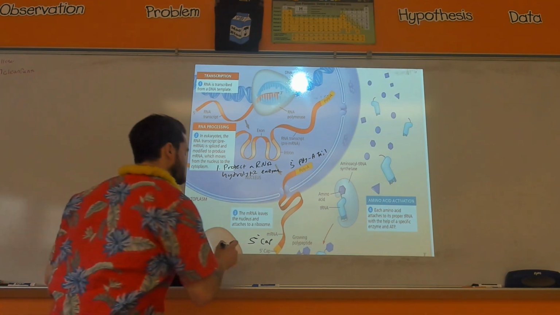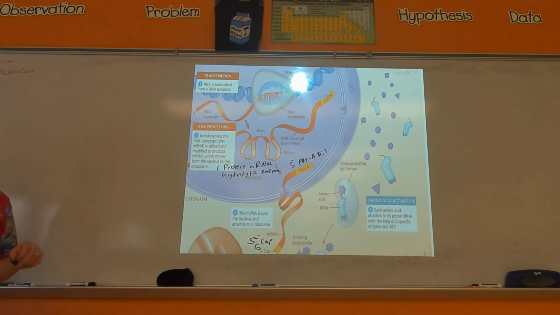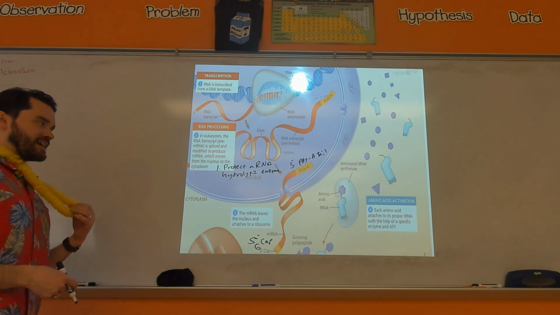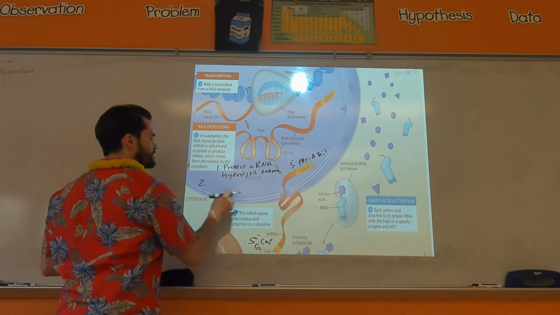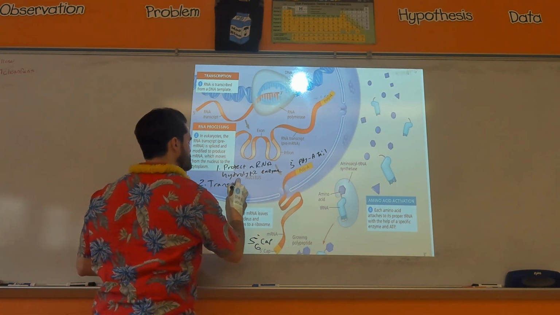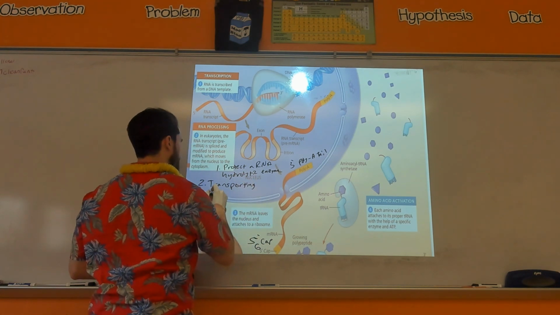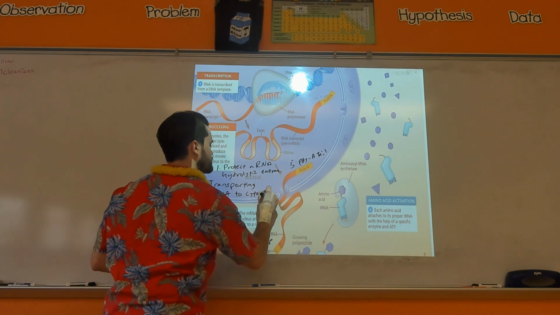With the cap, it is a guanine cap, so think of 5G. The cap has a guanine nucleotide. So the first function is protecting the mRNA from hydrolytic enzymes. And the second function, which is what you actually see here, is the cap and the tail help us in transporting the RNA to the cytoplasm.